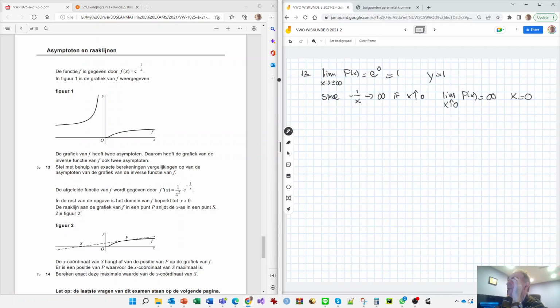And then for the inverse, it's simply flipping x and y, you get x equal to 1, or this becomes y is equal to 0.